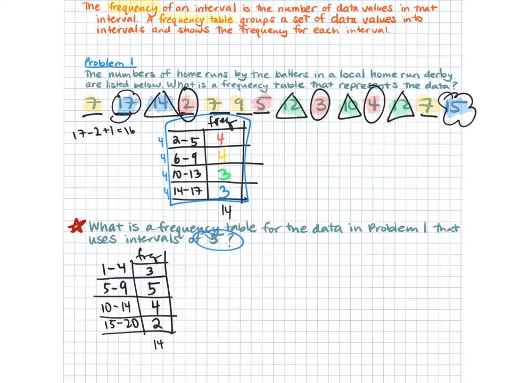I just added a 1 on the end here and went up to 20 on this end. So there's still 14 total. You can see how it's split up from 1 to 4, 5 to 9. You could have also done what the book did, like 2 to 6, 7 to 11, 12 to 16, and 17 through 21. So you can do it whichever way, as long as you use intervals of 5. Doesn't matter.